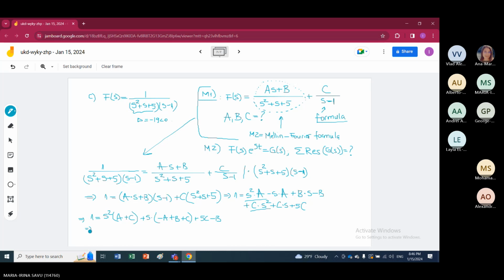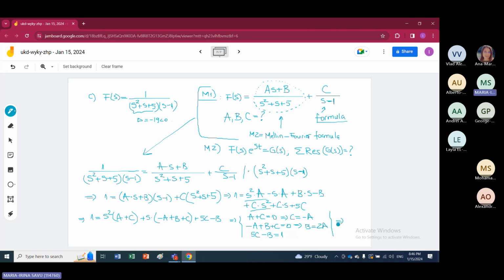And we have the system. A plus C is 0 because we have the coefficient 0 in the left side. Then minus A plus B plus C is 0. And 5C minus B is 1. So C is minus A, from here. So we have B is 2A.